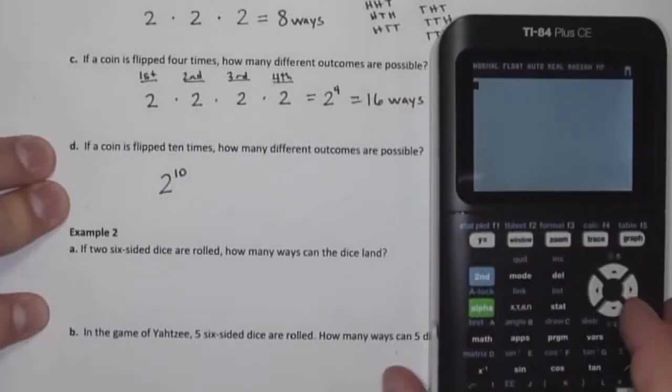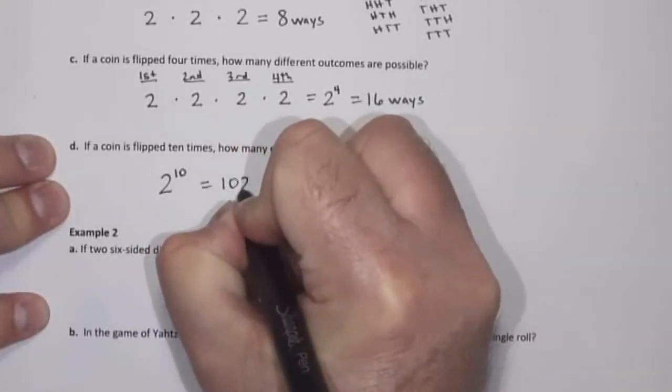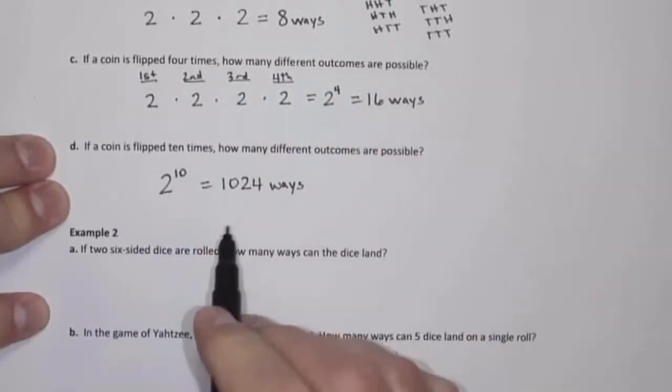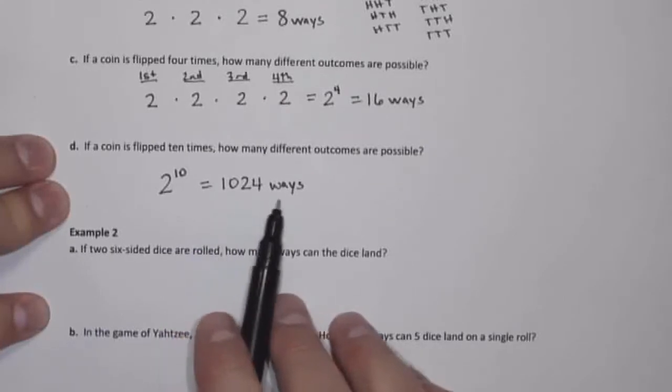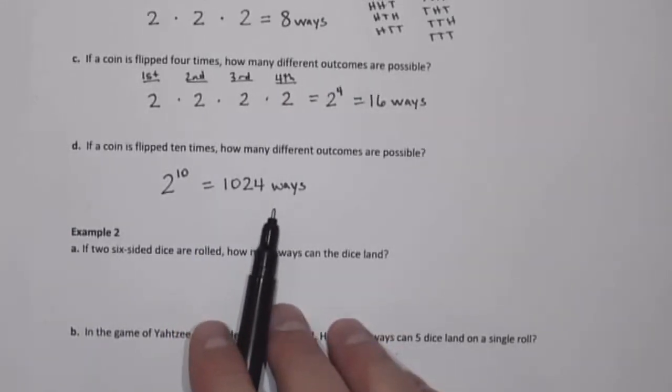So if I pull in my calculator, 2 raised to the 10th power is 1024. There would be 1,024 different outcomes that are possible. There's 1,024 different ways that we could get heads and tails results.